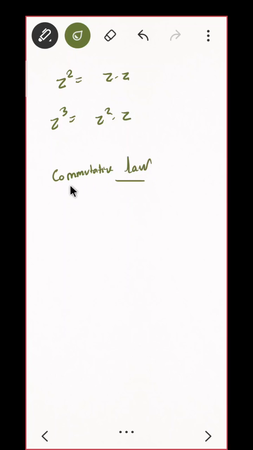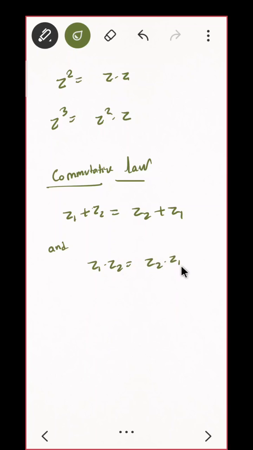What is commutative law? That is z1 plus z2 is same as z2 plus z1, and same thing for product: z1 into z2 is same as z2 into z1. Correct?